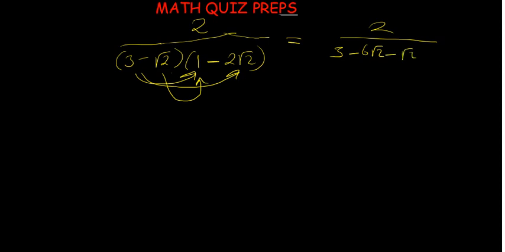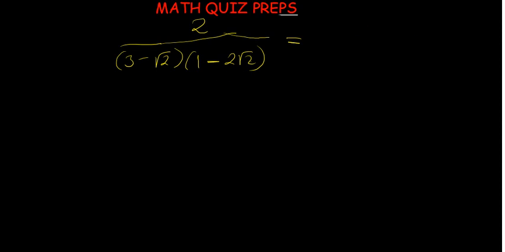Wait, sir, it should be negative 2 root 3, not root 2. Okay, so this is the 3, right? Yes. Okay, let's do the same.